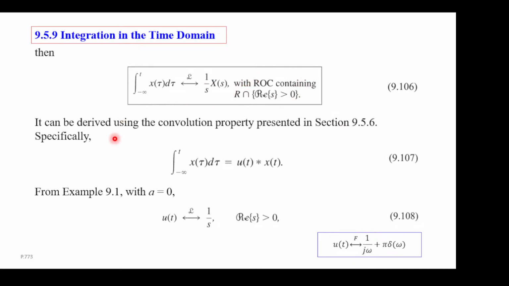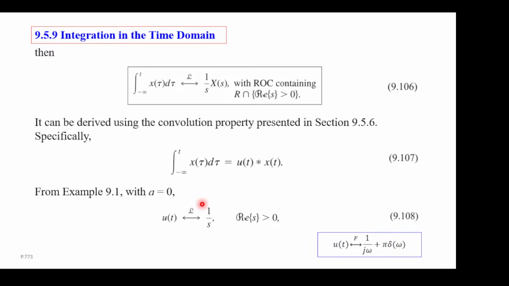But I say this is a little confusing, because in the Fourier transform this was more complicated, if you remember. When we do the Fourier transform of this integral, we get some weird delta function term. You can see it from the Fourier transform of u of t, which is 1 over j omega plus this extra pi times delta of omega.